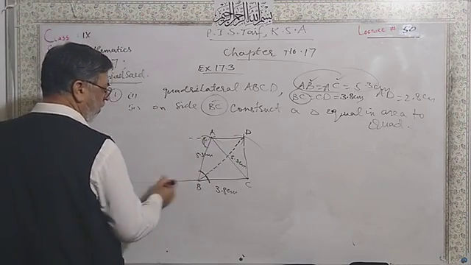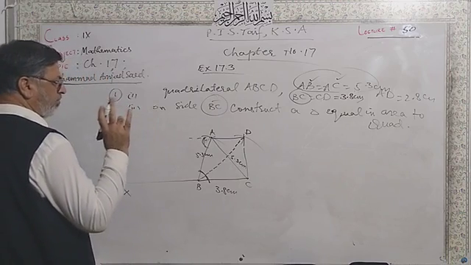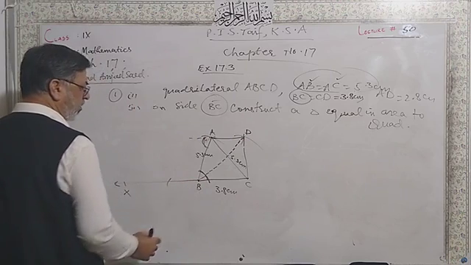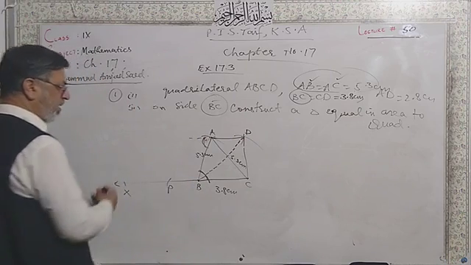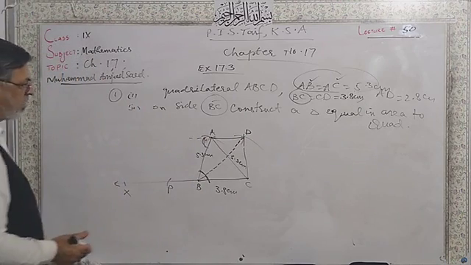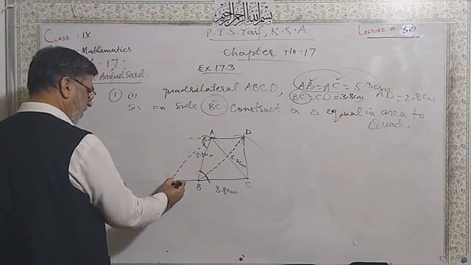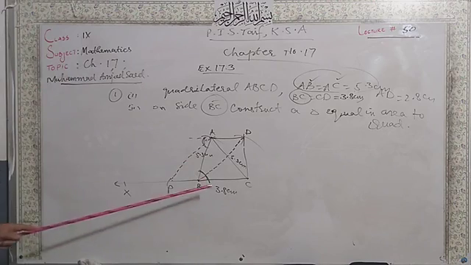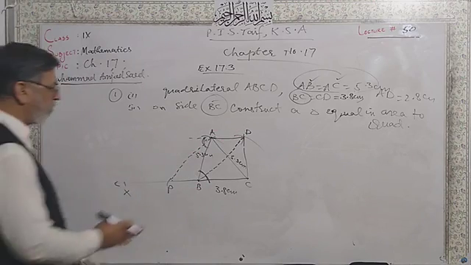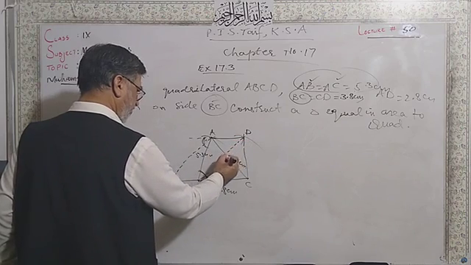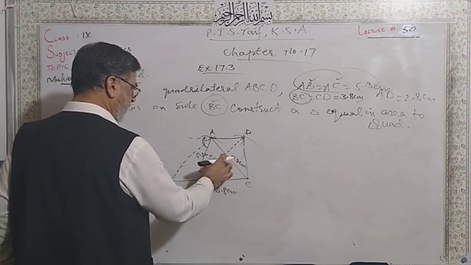Here, open the compass equal to AD and taking B as center, draw a point P on CB produced. Join A to B with dotted line. So BD is parallel to AP.